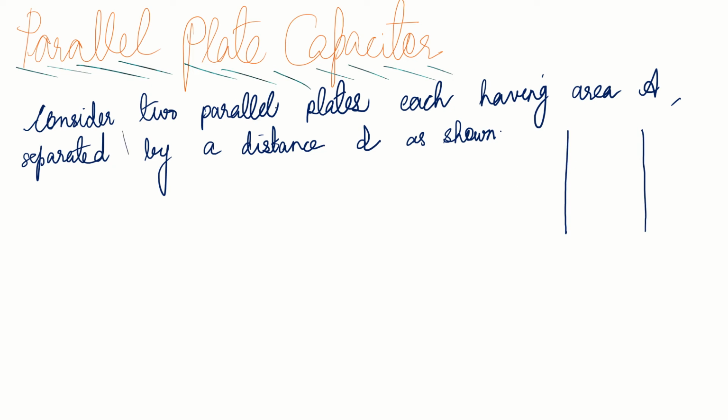Consider two parallel plates, and each of these has an area A. These two parallel plates are separated by a distance D. Here I'm taking this as plate 1 and this as plate 2.